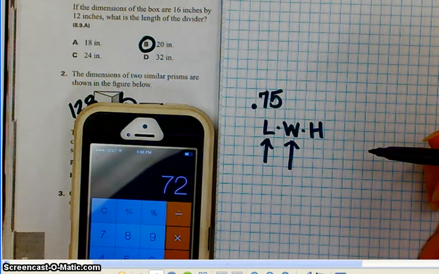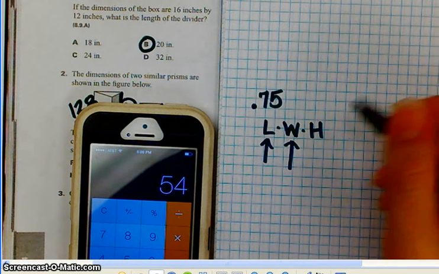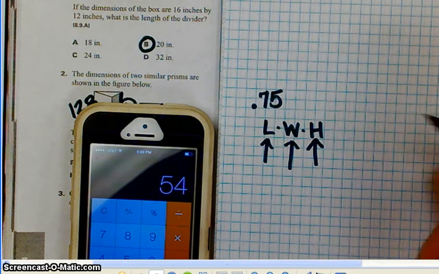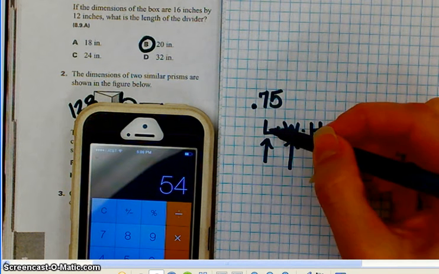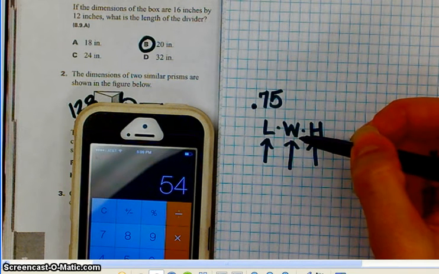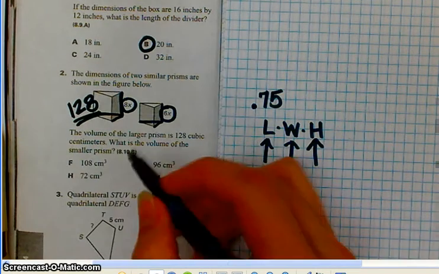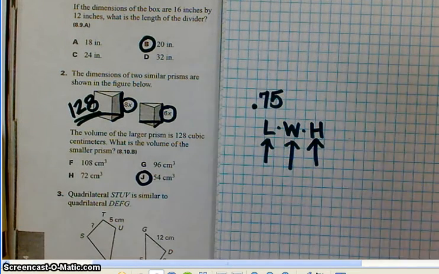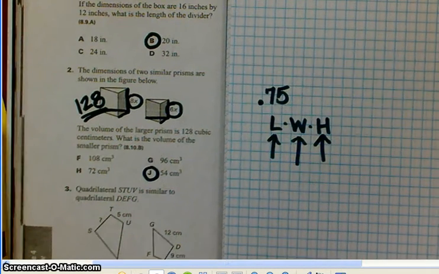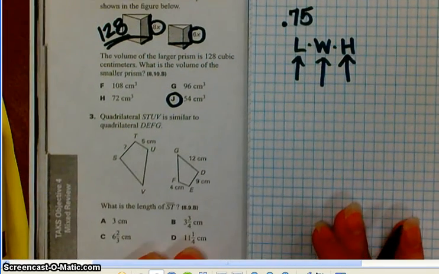And times 3/4 again. So that I did 75% of the length, 75% of the height, 75% of the width. And when I did that, I got 54 cubic centimeters. I doubt that you will get something like that on the test, but there it is.